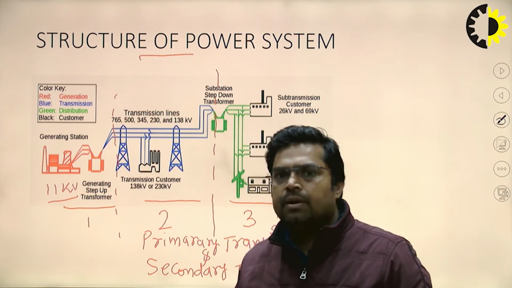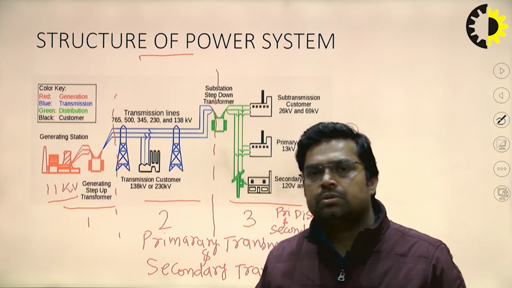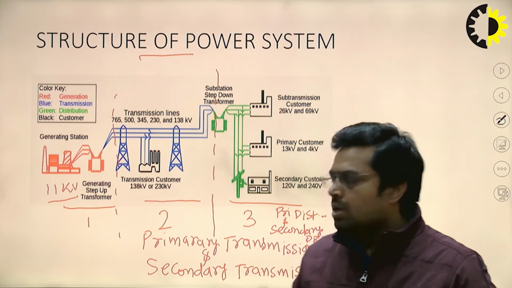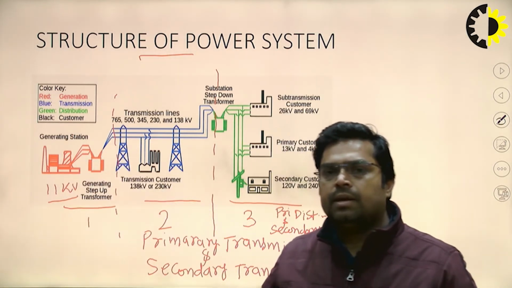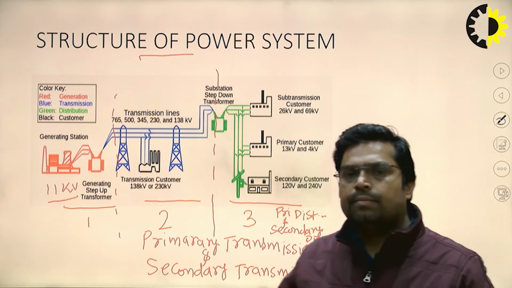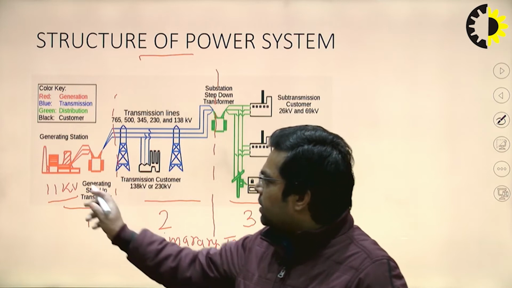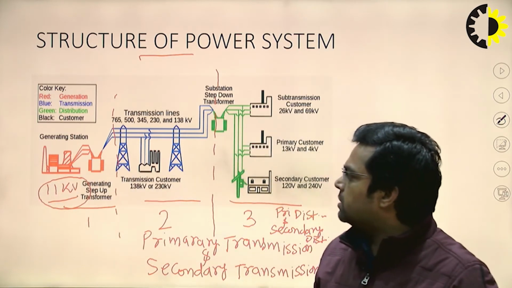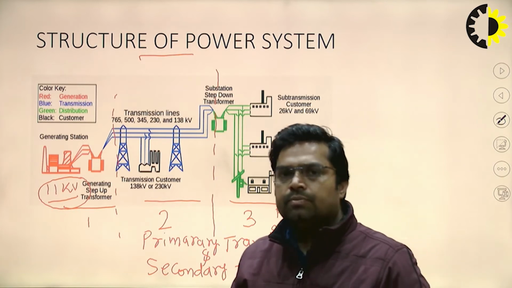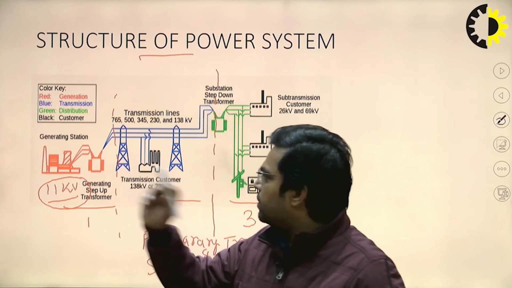In other words, these can be called conventional energy sources and non-conventional energy sources. For the generating stations, there can be any kind of power station through which we can generate the power, but keep in mind that we generate at a lower voltage, in the range of 11 kV.